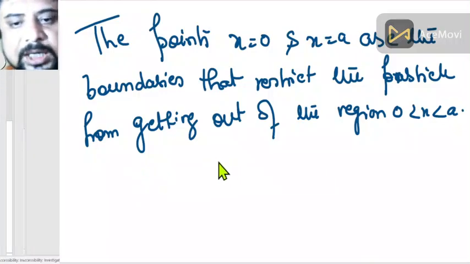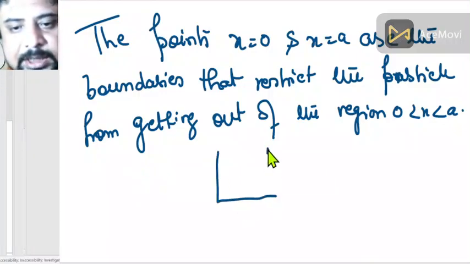The potential is so high in this situation that the particle is not able to get out.